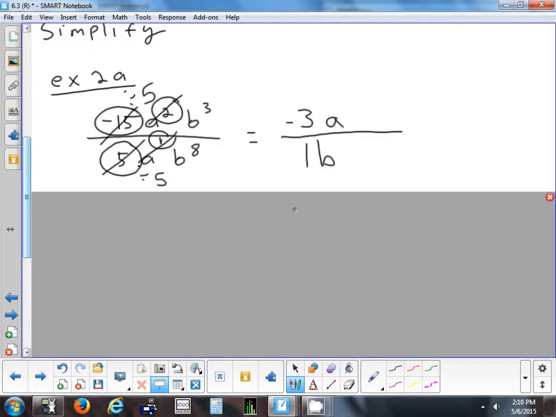It'll be different. The bigger number is not always going to be on the top every time. It's going to change. All right? Coincidence, we have the same. And then you're going to get what on the bottom, Ben? B to the 5th. Because what were your two exponents for the B's? 8 and 3. So B to the 5th. All right? So, good.